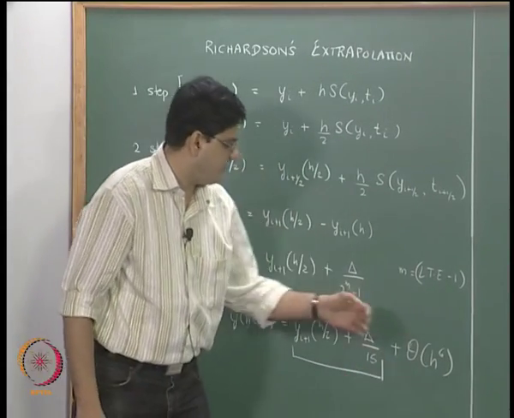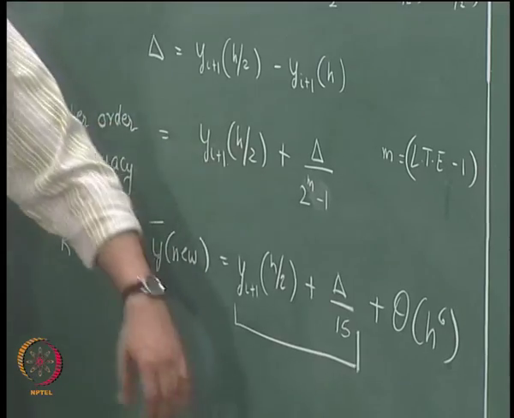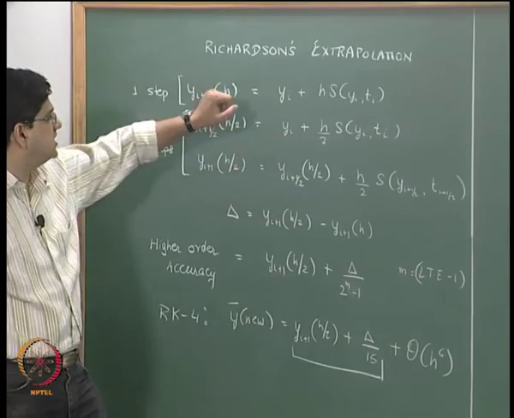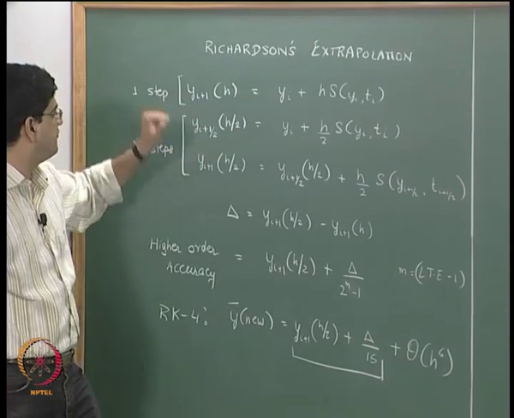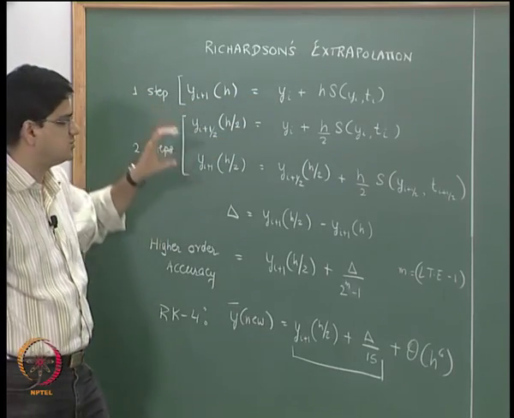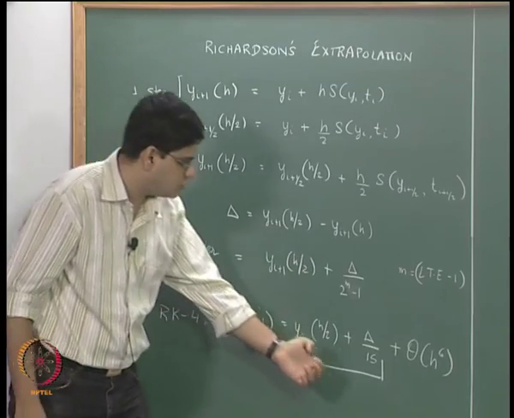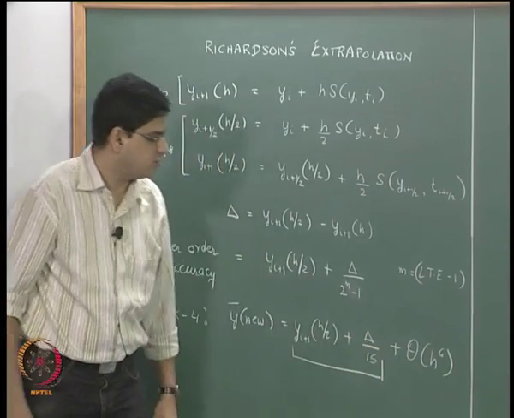Okay. So we have gone from an h to the power 5 accurate method to an h to the power 6 accurate method, essentially by using a one step solution and then a two step solution, and then using the difference between these two solutions in order to compute a higher order accurate solution.